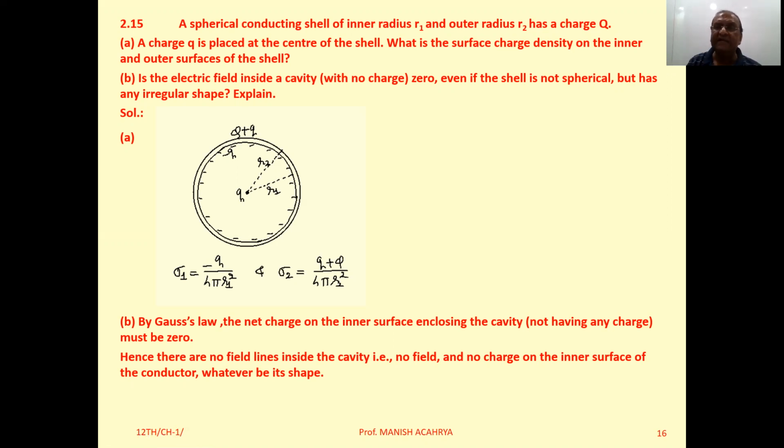But when inside the cavity there is no charge, it implies that the charge enclosed by Gaussian surface is 0, and therefore the electric field inside it will be 0. Now if the charge enclosed by the Gaussian surface is 0, then definitely the electric field will be 0 if you take any type of shape of the shell. Clear?